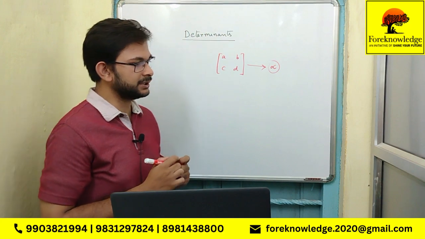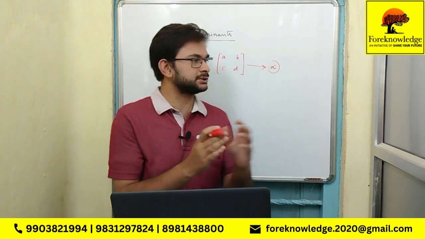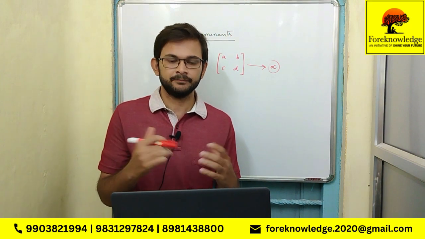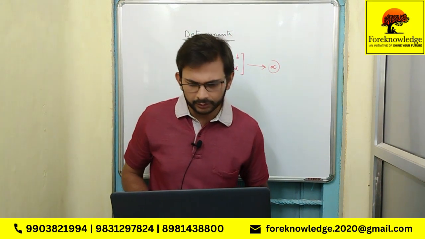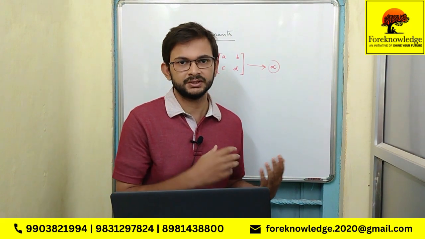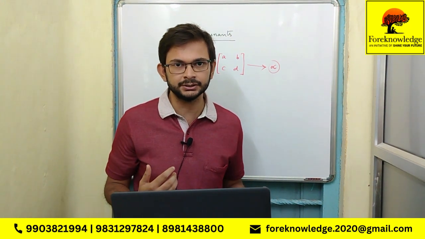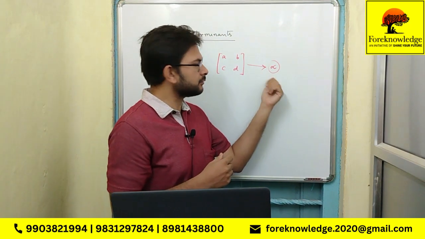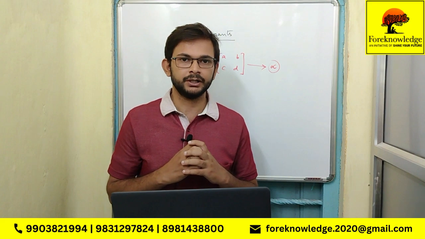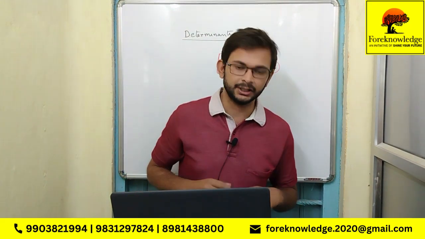So a determinant is nothing but an association of a real number to a square matrix. Fine. Now the next question comes, how do we associate the value? There is a technique that I have already mentioned. So we are going to learn how to calculate this alpha.